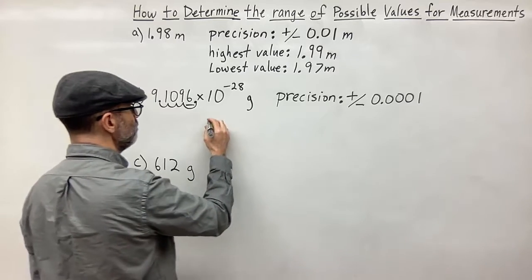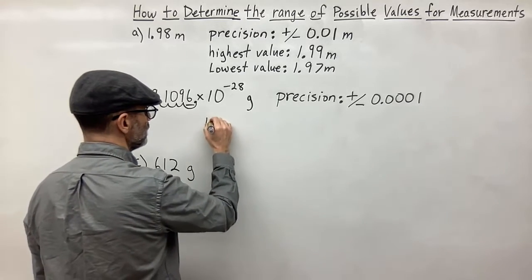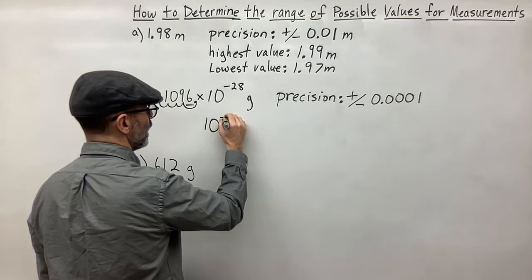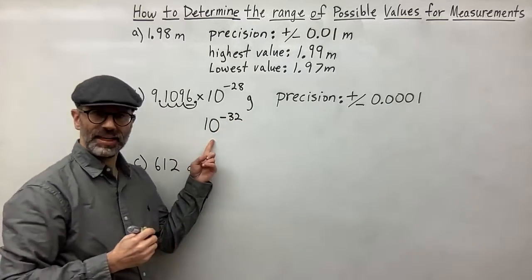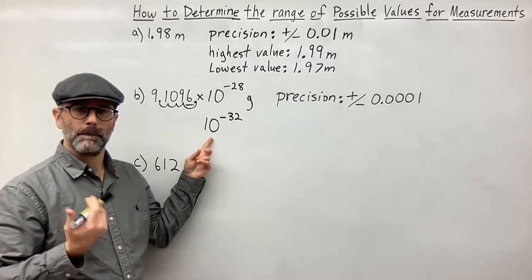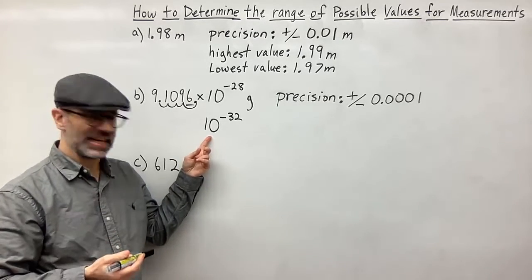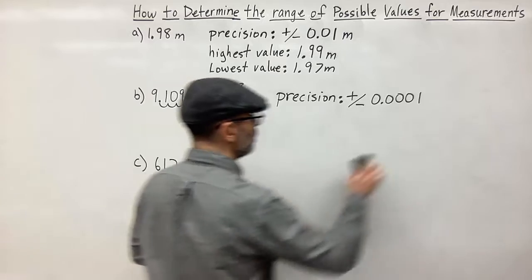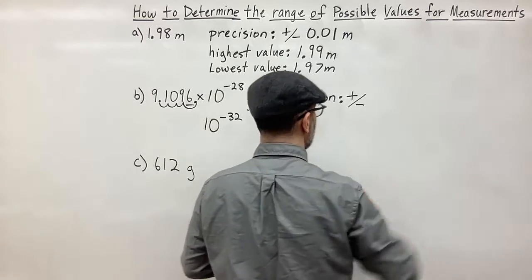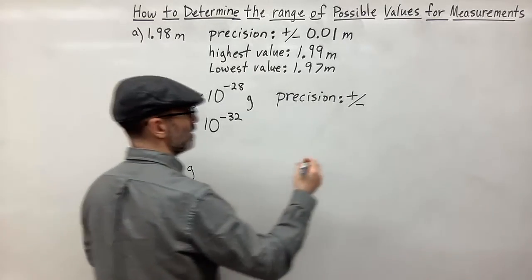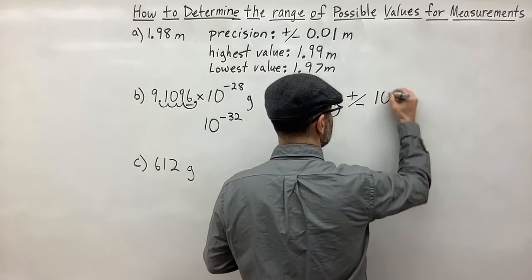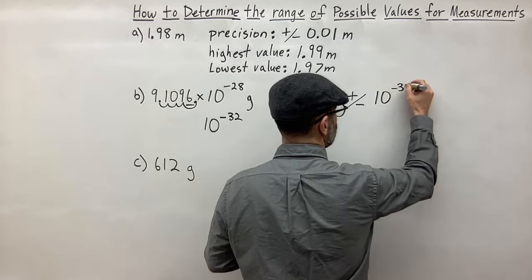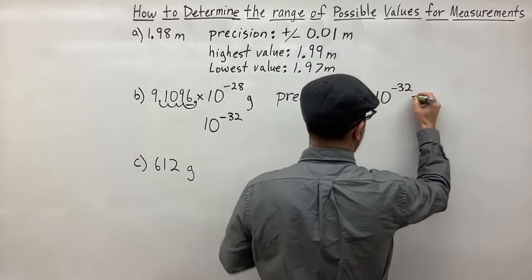So then that becomes 10 to the negative 32. And that, ladies and gentlemen, is your precision, plus or minus 10 to the negative 32. So that is a short way of writing the precision. So it's plus or minus 10 to the negative 32, in this case, grams.